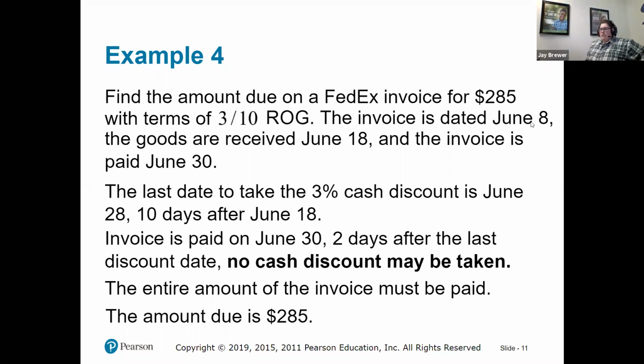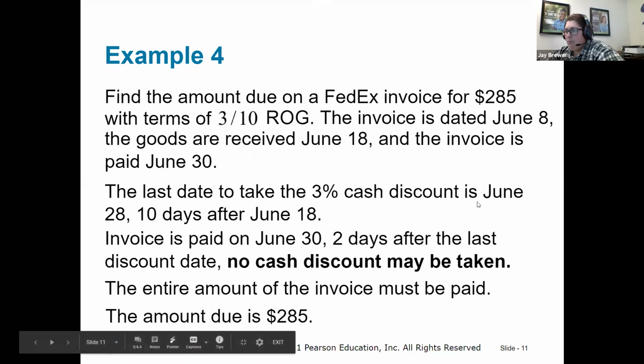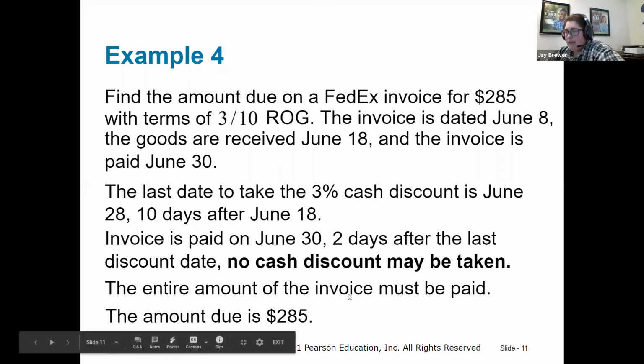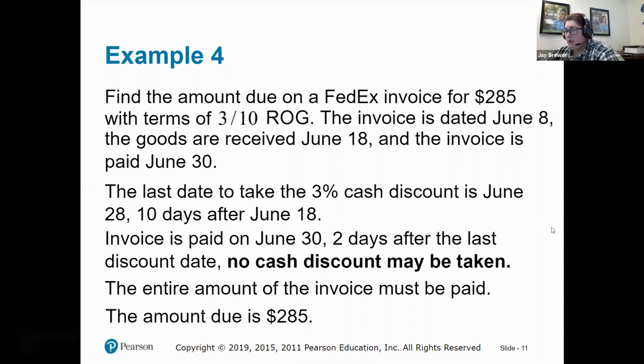The goods are received June 18th and the invoice is paid June 30th. So the last date for the 3% is June 28th, 10 days after the 18th. The invoice is paid on the 30th, 2 days after the last discount date, so they do not earn a discount. The entire amount of the invoice must be paid, which is the $285. So this stuff is no joke. If they don't pay within the payment window, they have to pay the full amount.